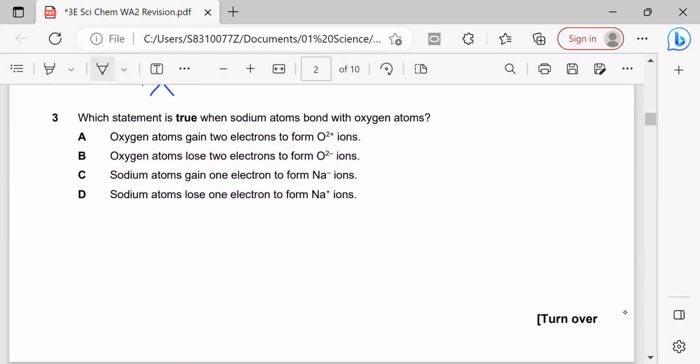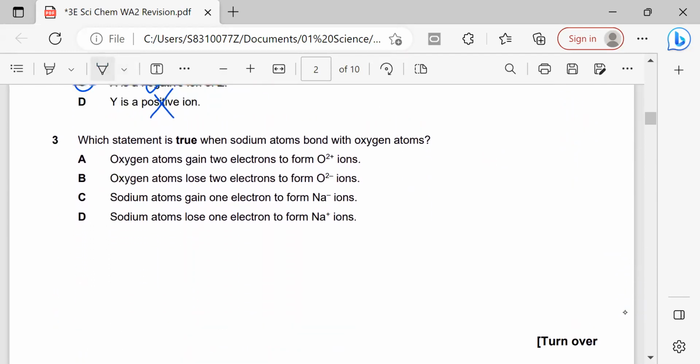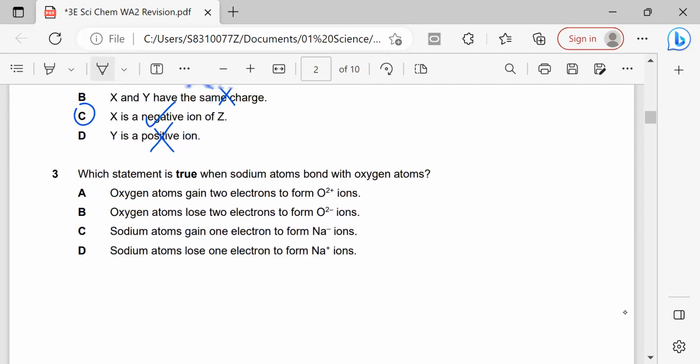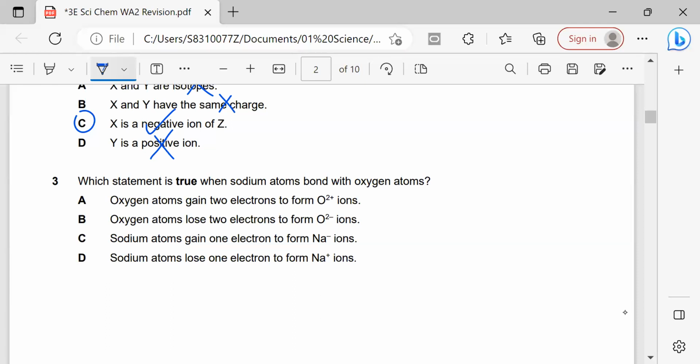Okay, moving on, in question number 3, which statement is true for the reaction between your sodium atoms and oxygen atoms? This is to do with your ionic bonding, and you have to understand how this ionic bonding actually occurs. First, we look at the first element given, which is a metal. Metals such as sodium will always lose their valence electrons to form positive ions.